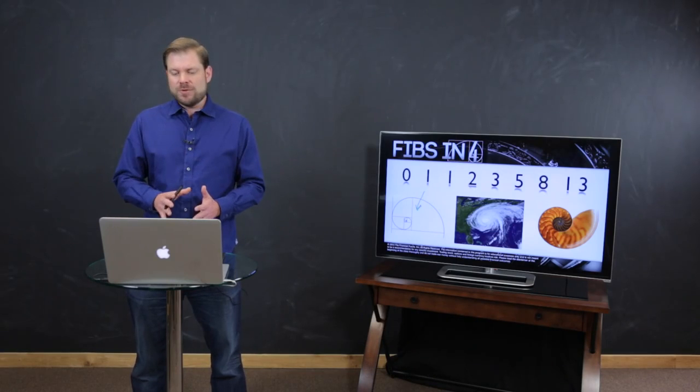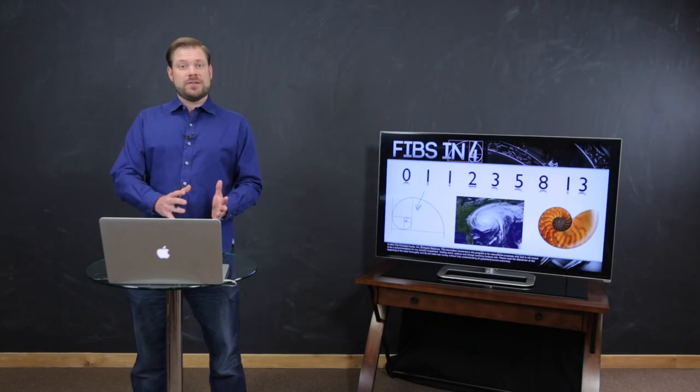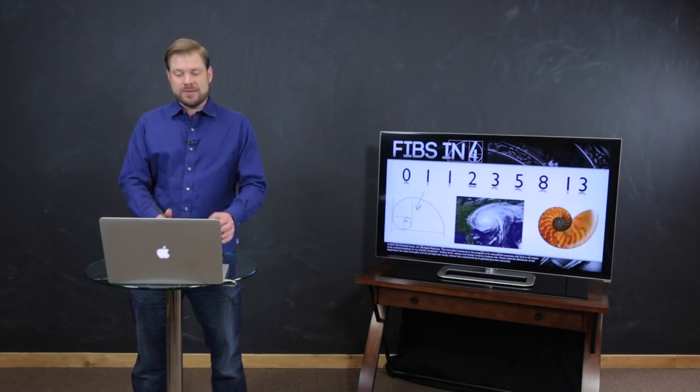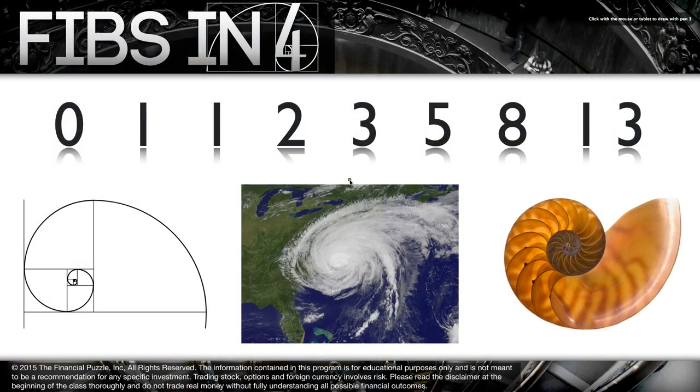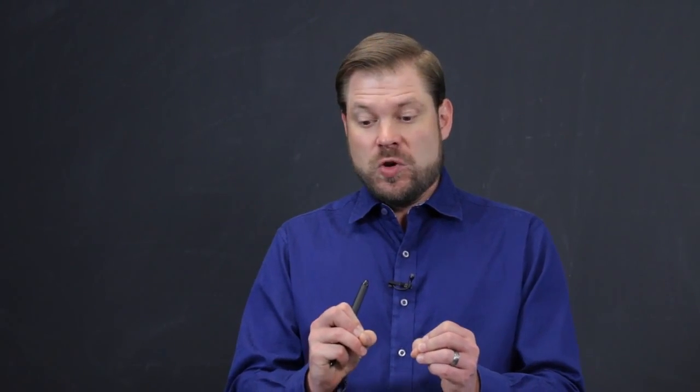What I want to stress to you right now is that, on the left-hand side, as we mentioned, we have theory. This is the theory behind the Fibonacci sequence. But then on the next two images, the hurricane and the nautilus shell, we have real life. And oftentimes, theory really emulates what happens in real life, but not exactly. We have to make some small changes and nuances because what happens in real life gets a little messy.